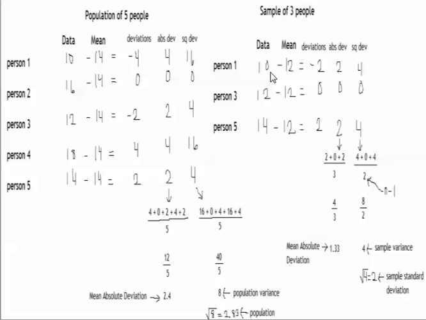If you want to find the mean absolute deviation of the sample, first you have to find the mean of the 3 data values in the sample right here. I add these numbers and divide the total by 3, since there's 3 numbers in here, and the mean comes out to 12. So 12 is the mean of these 3 numbers in the sample.